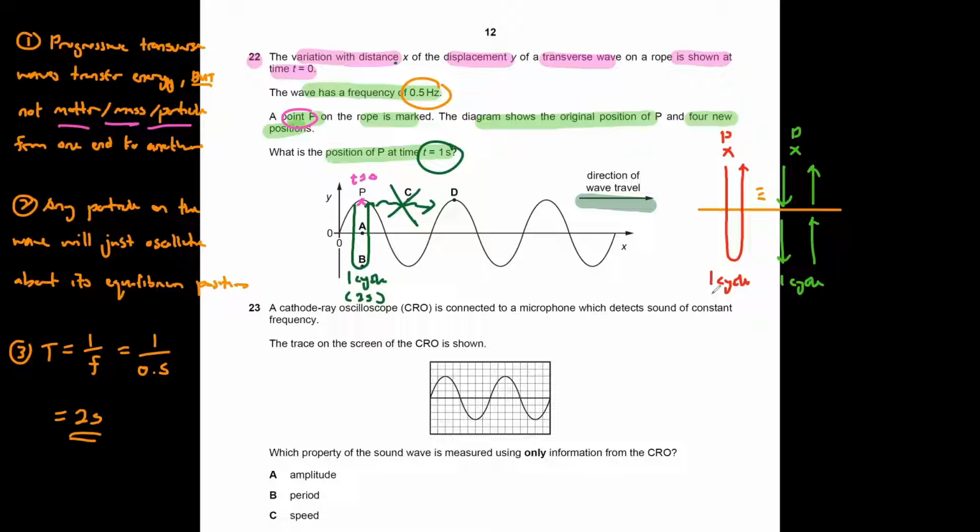So if one cycle you know is 2 seconds, if you broke it up into 4 separate parts, this one will be 0.5 seconds, 0.5 seconds, 0.5 seconds, and 0.5 seconds. So if the question asks you for 1 second, it's actually really just this one and this one. So at t equals to 1 second, your particle is actually going to be here.